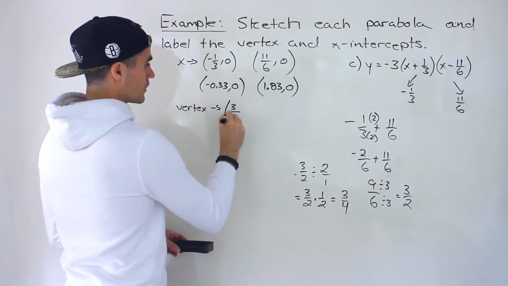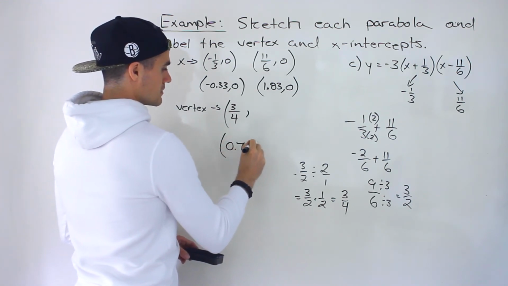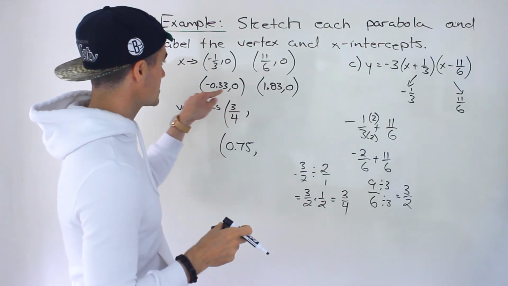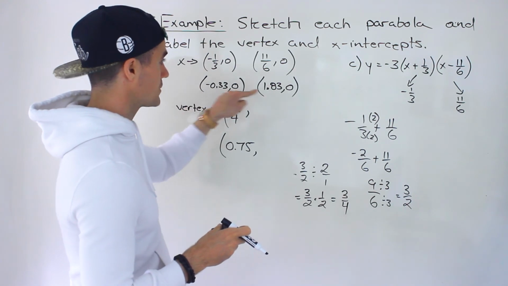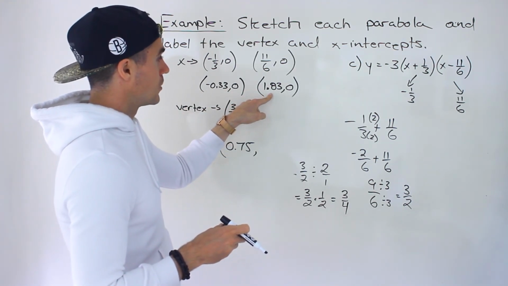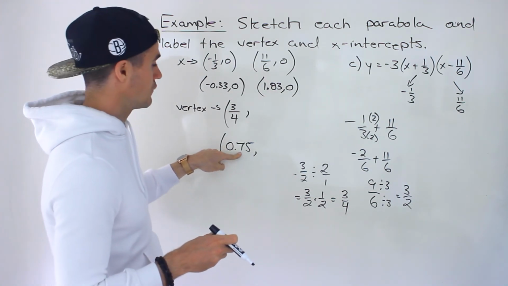So 3/4 ends up being the axis of symmetry, or the x value of the vertex. Now, keeping track of the decimals, that's 0.75. And if we check with the decimals, negative 0.33 plus 1.83 is 1.5, divided by 2 gives us 0.75.